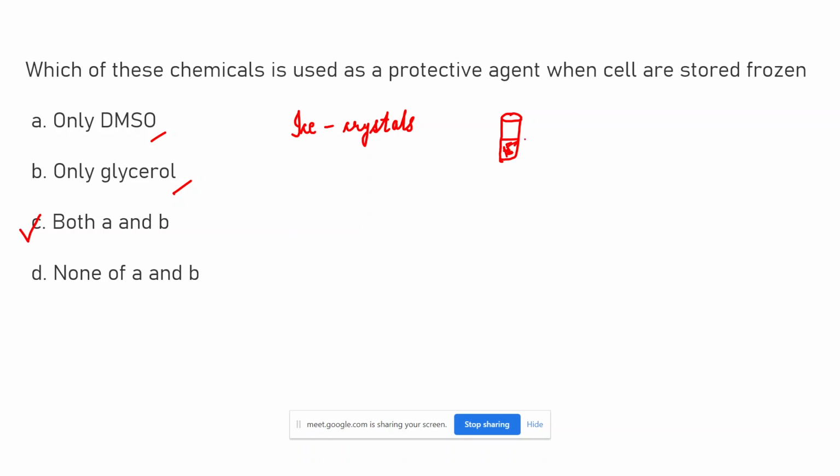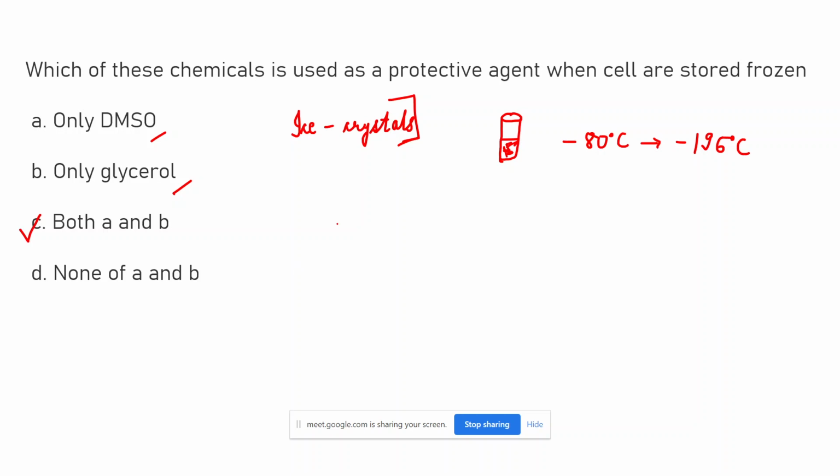If they go to very low temperatures, something between minus 80 and minus 196, there is a possibility of formation of ice crystals. DMSO and glycerol are the agents which prevent the formation of these ice crystals.